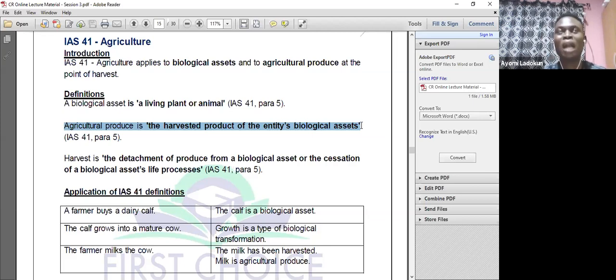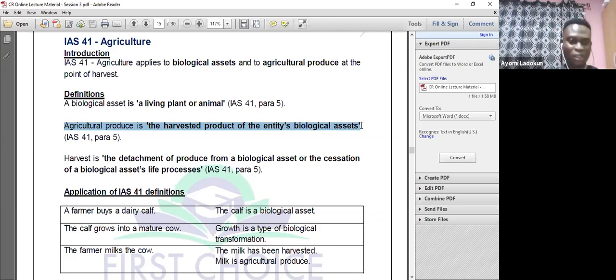Now, if I harvest my cassava or my maize, that is what I mean by agricultural produce. Can you see? So that means IAS 41 applies to the biological asset itself, which could be a living plant or animal, and the produce, that's agricultural produce. So we're going to deal with this.